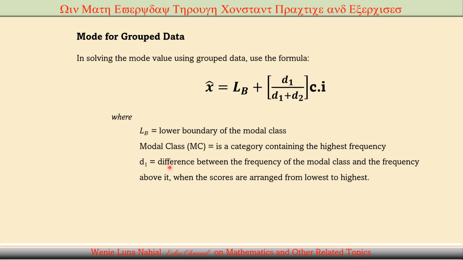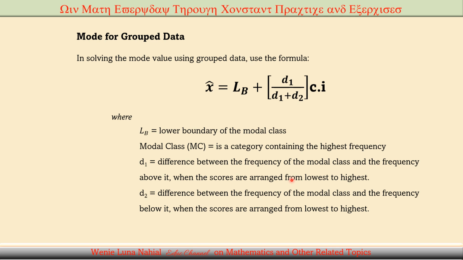D sub 1 is the difference between the frequency of the modal class and the frequency above it when the scores are arranged from lowest to highest. D sub 2 is the difference between the frequency of the modal class and the frequency below it when the scores are arranged from lowest to highest. Then CI is the size of the class interval.